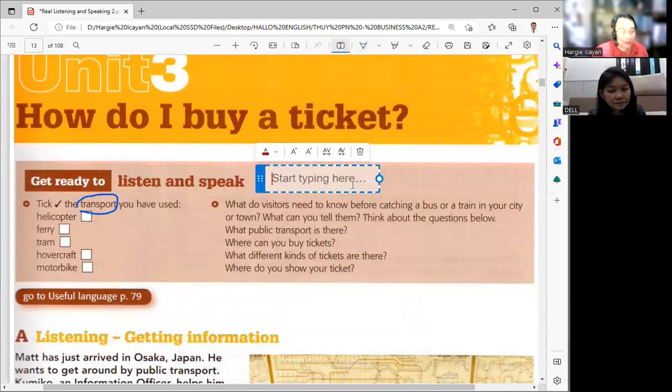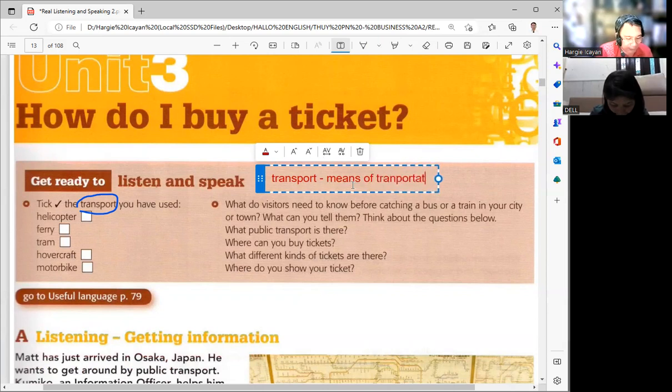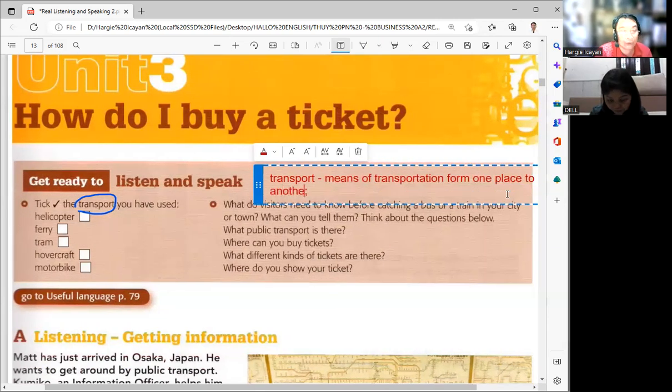Okay. So transport, or transportation, means of transportation from one place to another.